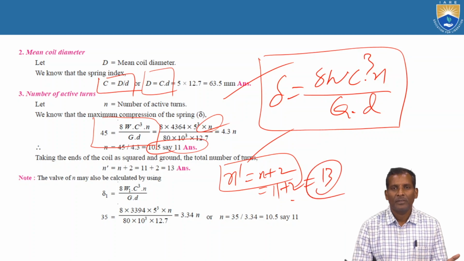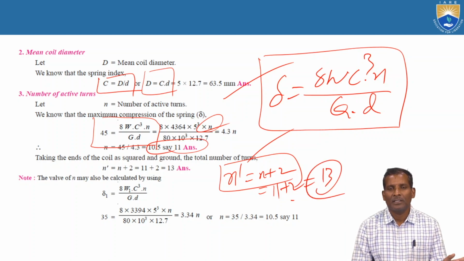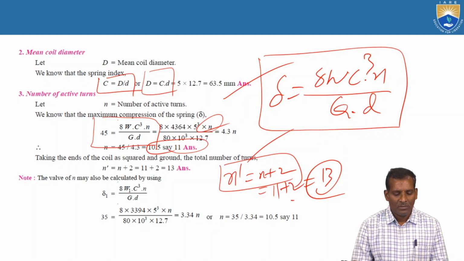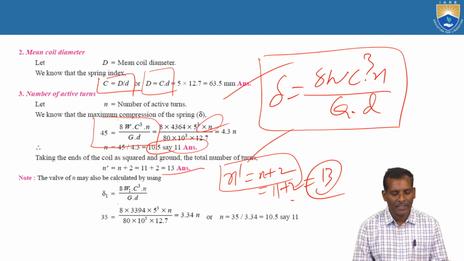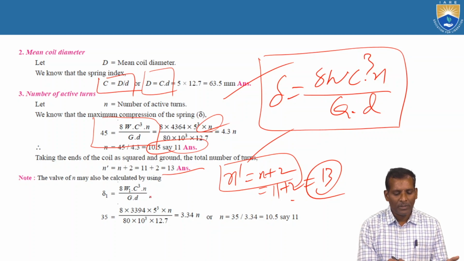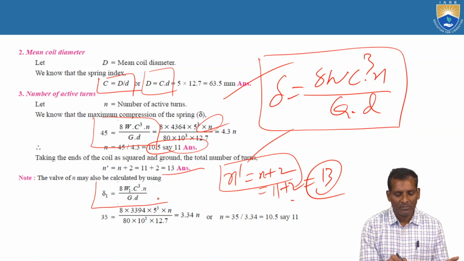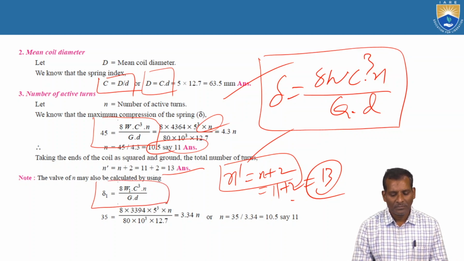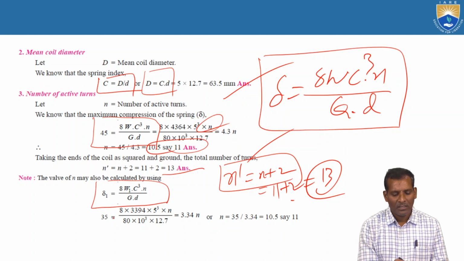So total 13. Out of 13 turns, only 11 turns are active. The remaining 2 turns are inactive, so they may not absorb any energy. So the calculated total number of turns is 13, and the value of n may also be calculated by using another relation. Here also we got 11.